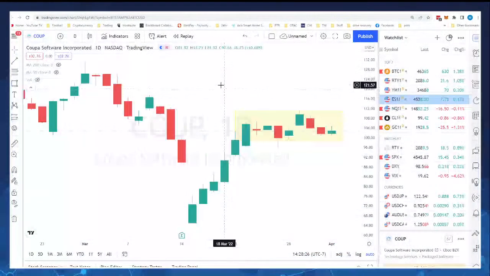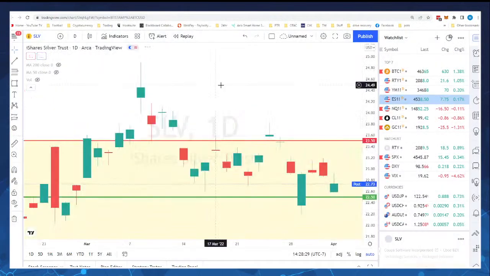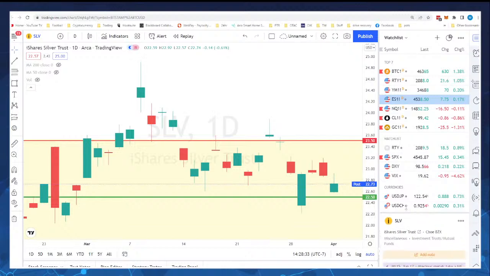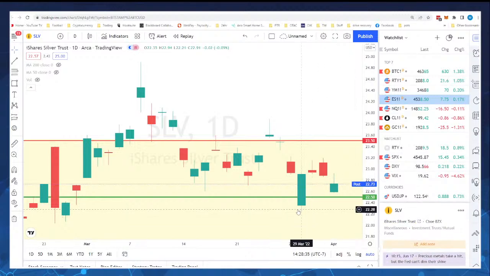In the case of SLV, which is one that's kind of an ongoing soap opera right now, today silver closed at lower than my price. My exercise price was $23.50. Today we closed at $22.73. So every week I'll see what the premiums are for Monday, but I may end up selling the 23.50s again on Monday for next Friday.